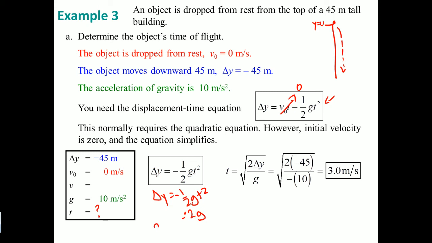So negative times, multiply by 2. So 2 delta y, then divide by g. Okay. That should get you your t squared. Then you square root it. Right? So either way, you're still going to get the same answer of 3 meters per second. Okay.